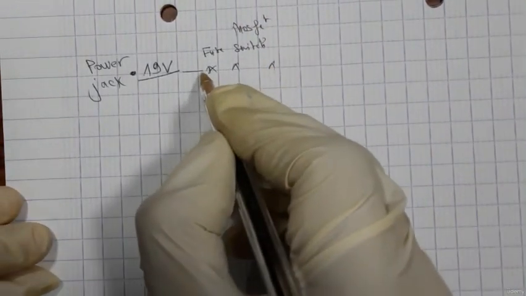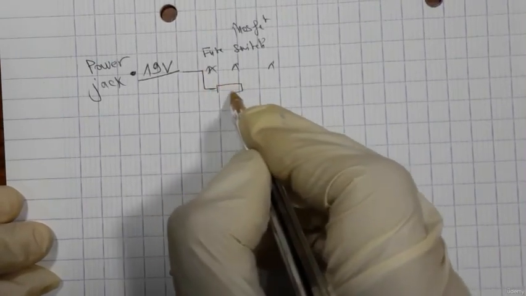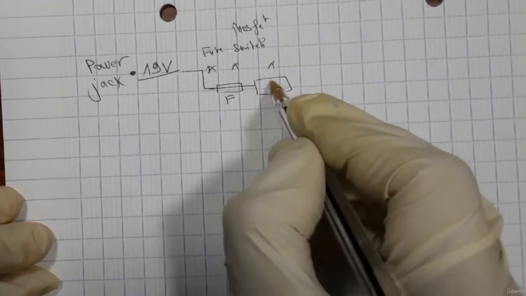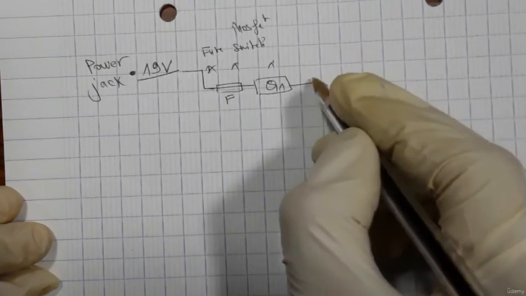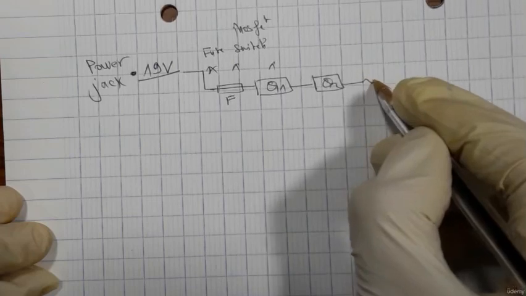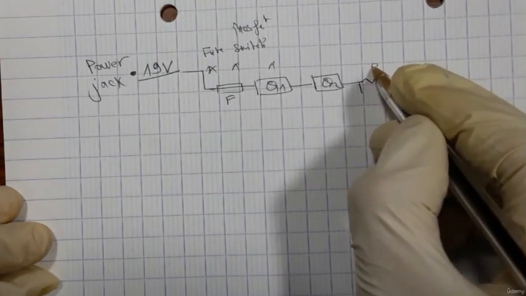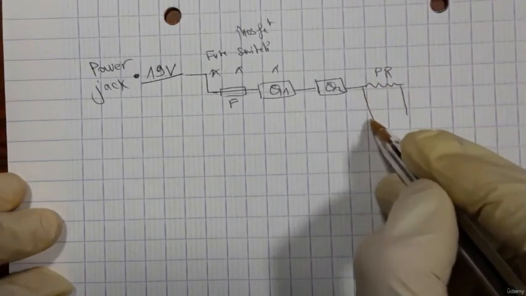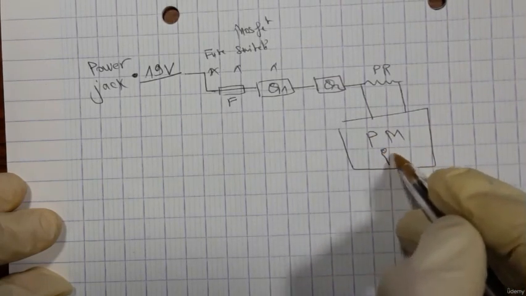So this 19 volt can pass through a fuse and through a MOSFET or a switch. Let's assume Q1, and you can find another switch, for example Q2, and then a current resistance, PR for example. This should be connected to a power management IC.